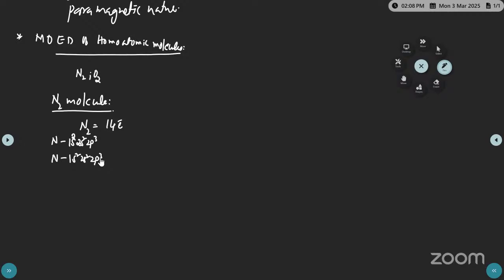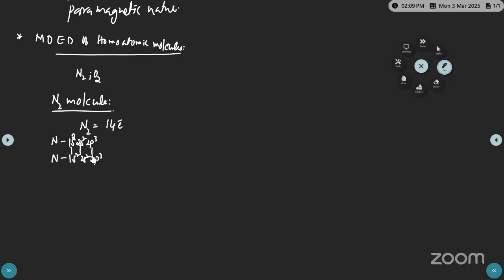The nitrogen molecular orbitals are formed by the linear combination of atomic orbitals of each nitrogen: 1s2 with 1s2, 2s2 with 2s2, and 2p3 with 2p3. They are overlapping with each other. So let's see the diagram.